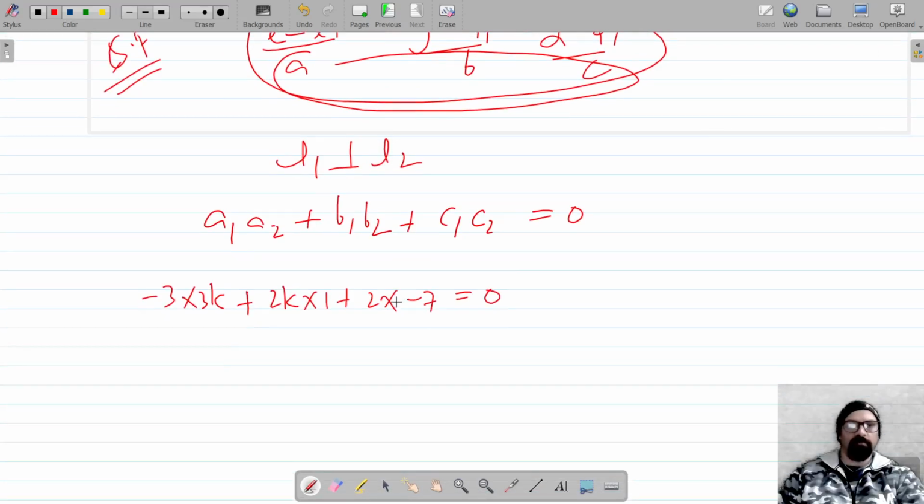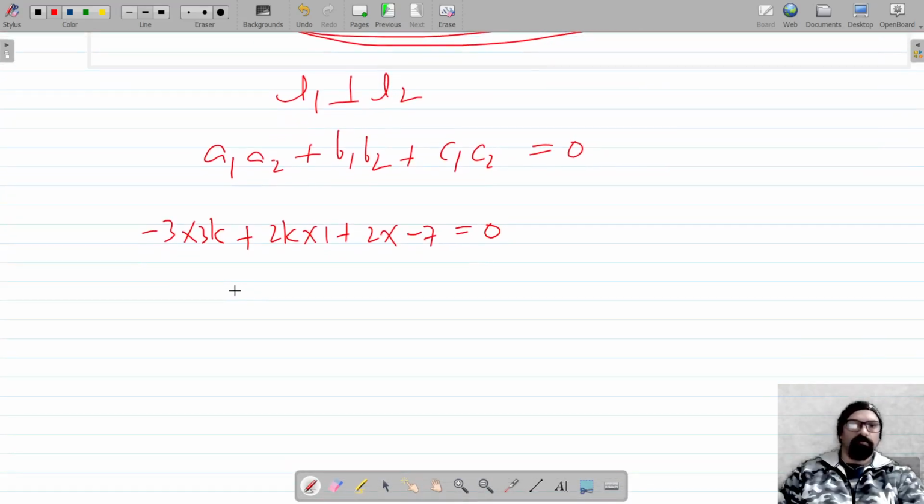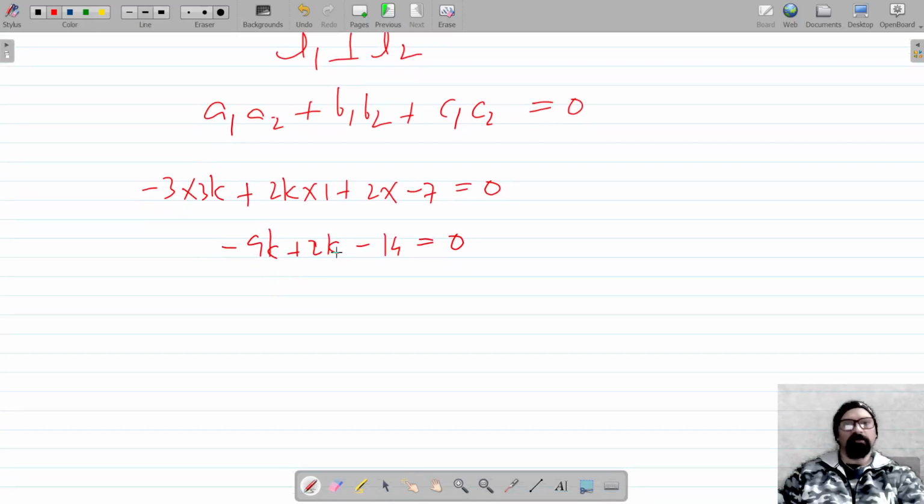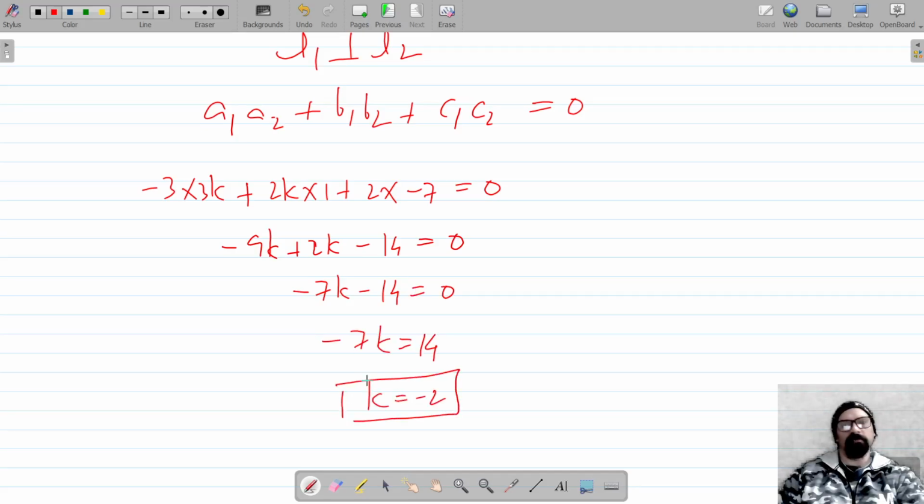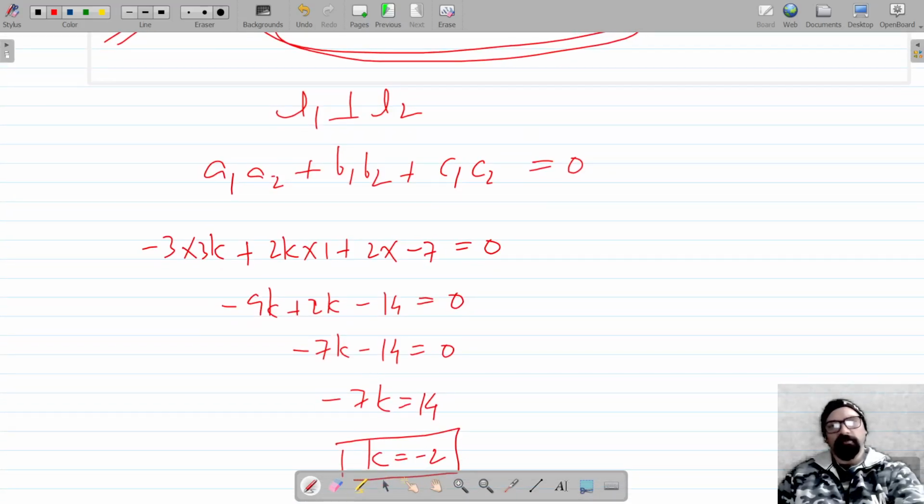This should give me the value of k. So minus 9k plus 2k minus 14 is equal to 0. Minus 9k plus 2k is minus 7k, minus 14 is equal to 0. Minus 7k is equal to 14, and k is equal to negative 2. So the value of k is negative 2.